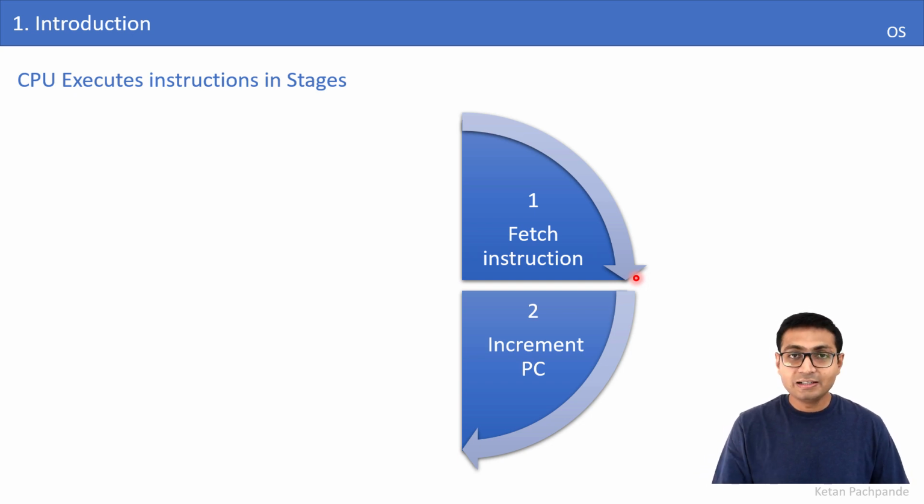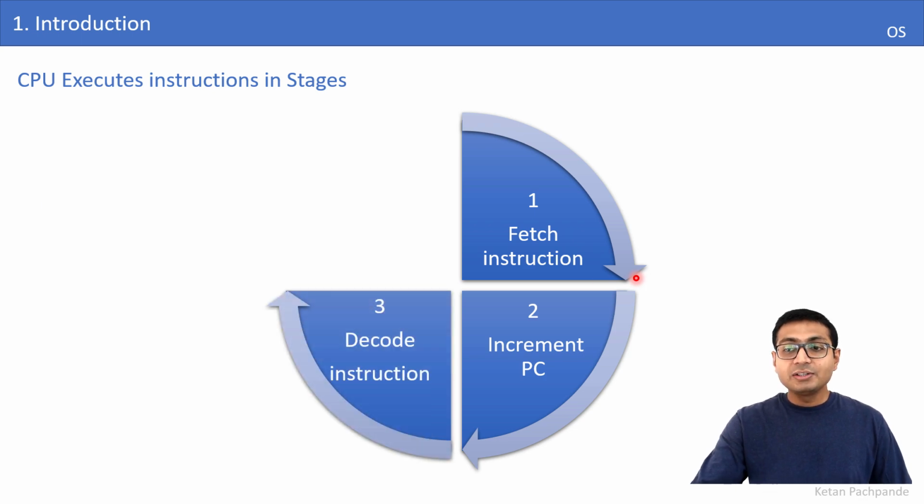That is, in our case, the initial value was 34, and now once it has copied the instruction for 34, it will simply increment the value of 34 to 35. And CPU always increments the value of program counter by one instruction only.